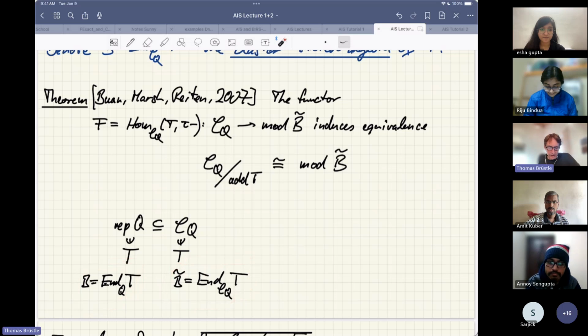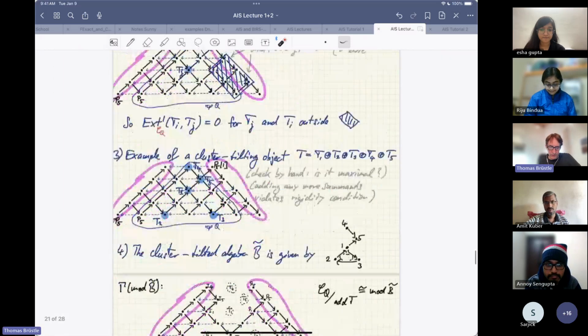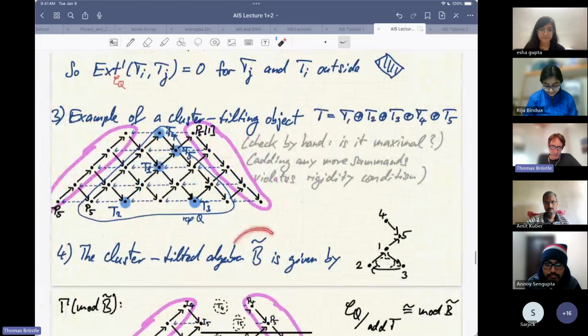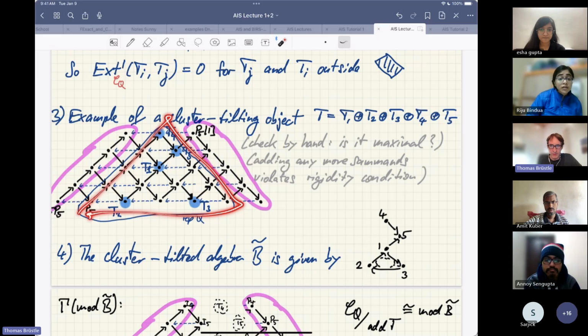That is a little bit what we saw for B tilde here. There was this one additional morphism that you can only realize in the cluster category, and which was not present if you're just working in the category of representations.